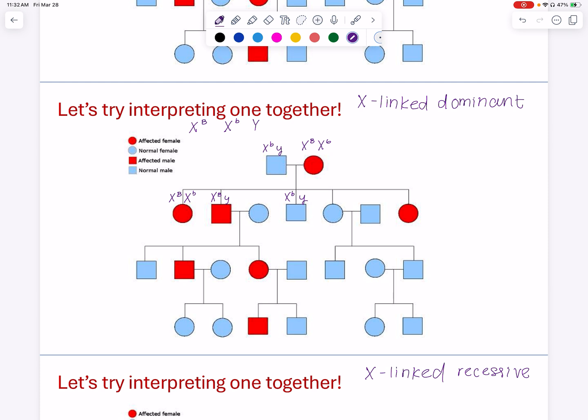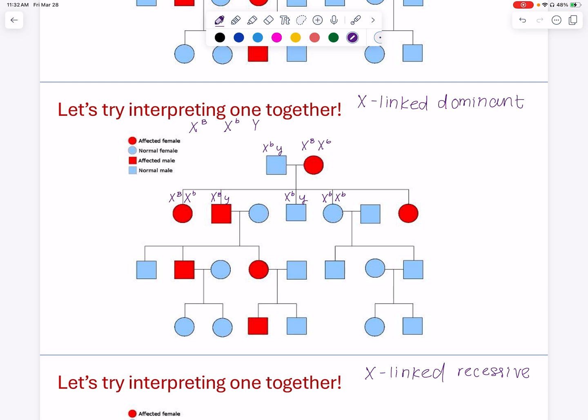If we continue forward, we have a daughter that does not express the trait, and so their genotype is going to be X little b, X little b. And then finally, we have another affected daughter.